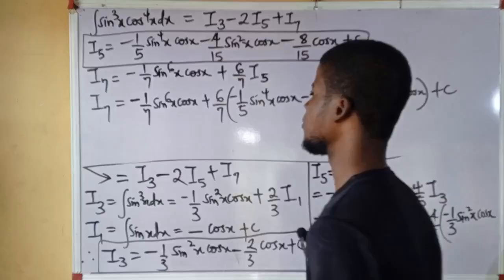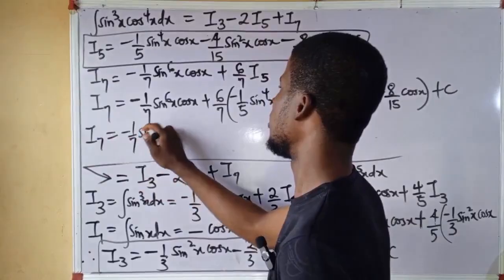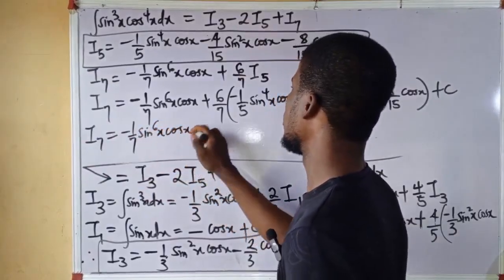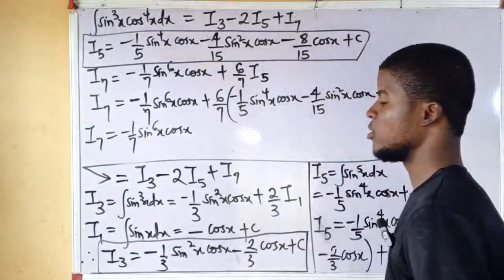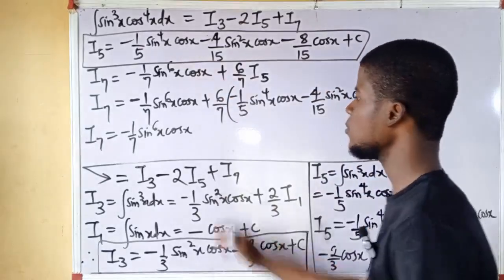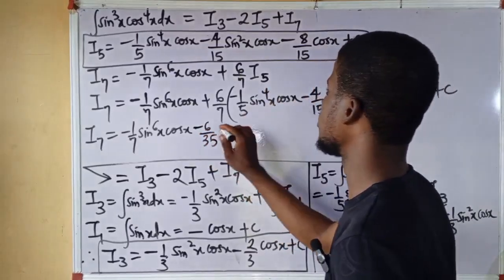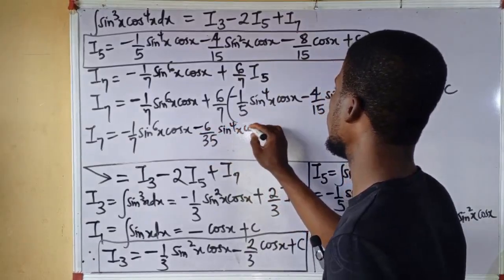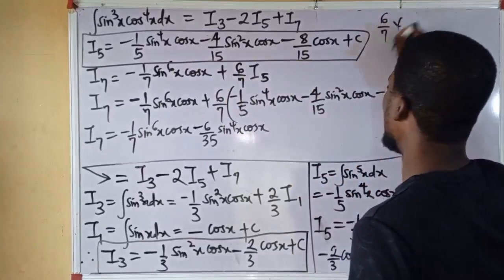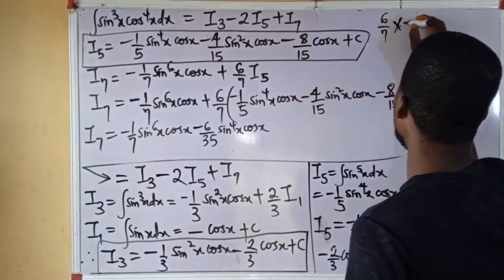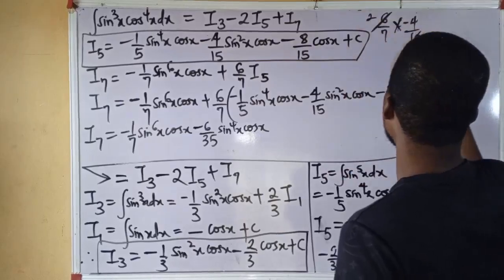So let's expand. I7 will be equal to minus 1 over 7 sine 6x cos x. Okay, let's multiply 6 over 7 by minus 1 over 5. That will be minus 6 over 35, right? Minus 6 over 35 sine 4x cos x, then 6 over 7 times minus 4 over 15. What would that be? 3 here is 2, 3 here is 5.